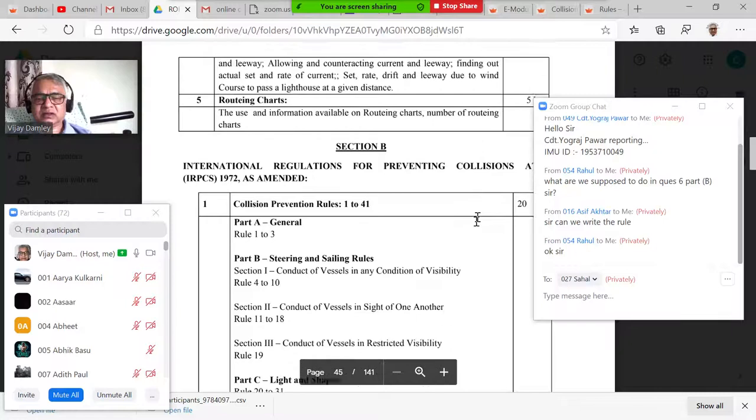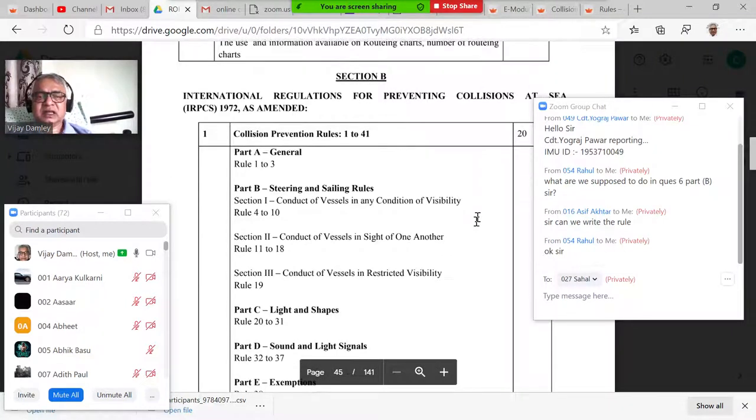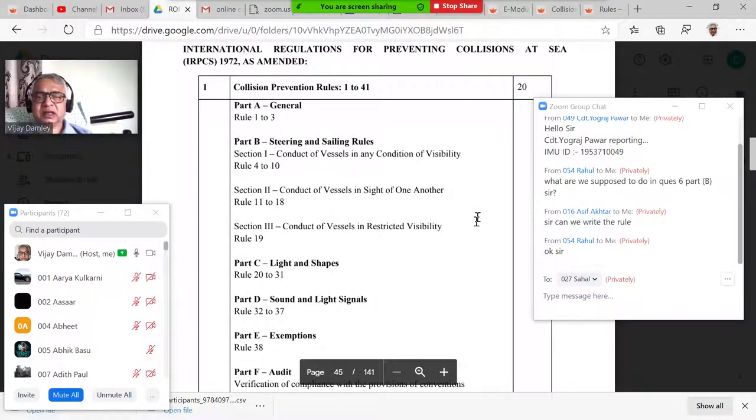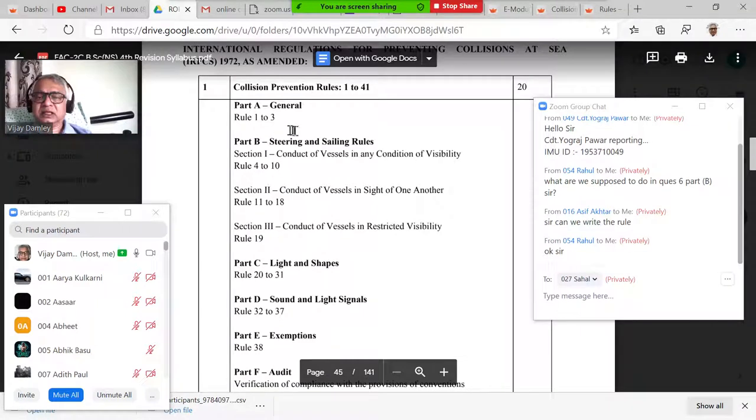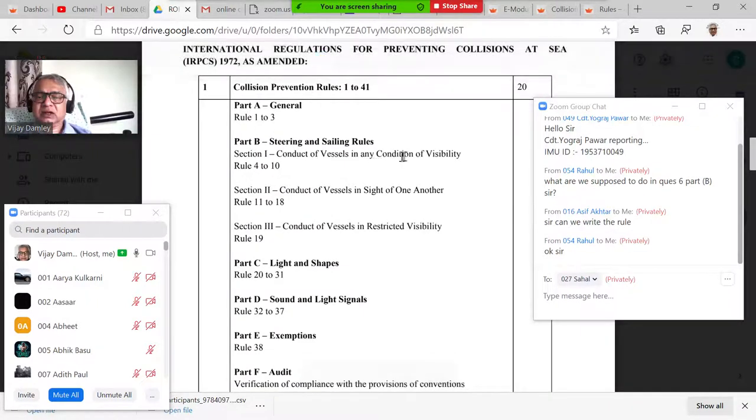Okay, here you see, when you see this part, this whole table is what is layout. Part A, general, rule number 1, 2, 3. Part B, section 1 is this, section 2 is this, section 3. Part C is this. D, E are exemptions. F are audit ones.